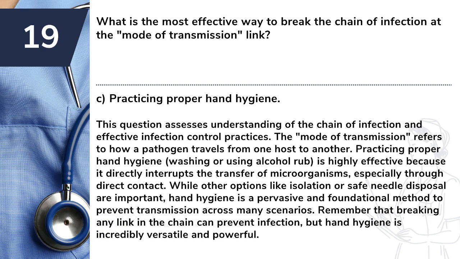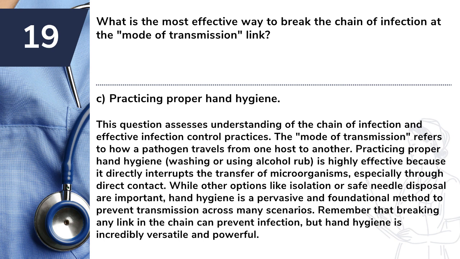Answer: C. Practicing proper hand hygiene. This question assesses understanding of the chain of infection and effective infection control practices. The mode of transmission refers to how a pathogen travels from one host to another. Practicing proper hand hygiene, washing or using alcohol rub, is highly effective because it directly interrupts the transfer of microorganisms, especially through direct contact.